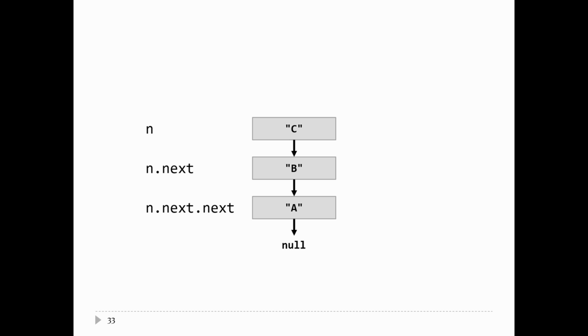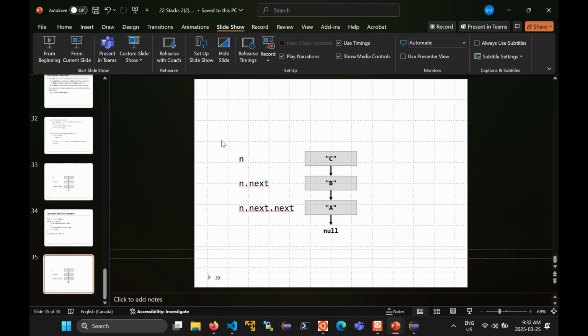Now sometimes when you're working with these linked sequences, you don't want to process every node in the sequence. Instead, you might want to process all the nodes except the last. In other words, you want n to stop at the last node. Remember, when you process all the nodes in the sequence, n stops after the last node. So if you want to process all the nodes up to but not including the last node, you want n to stop there.